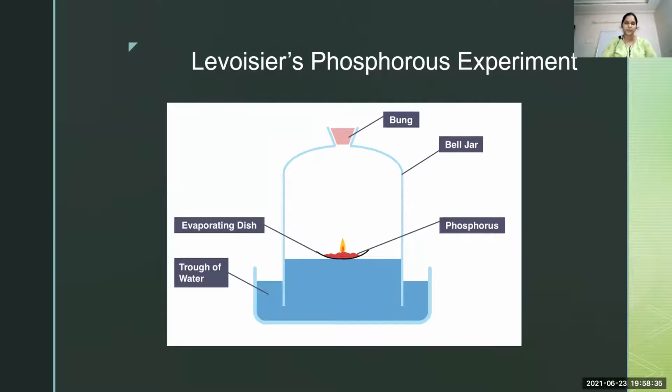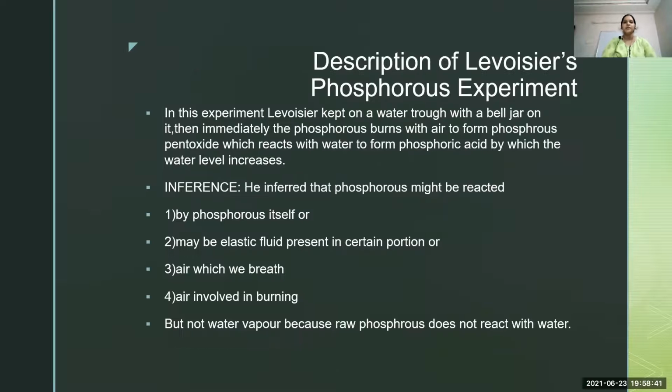Lavoisier's phosphorus experiment. The apparatus is shown like this. Coming to the description of Lavoisier's phosphorus experiment: Lavoisier kept a water trough with a bell jar on it. Then the phosphorus burns with air to form phosphorus pentoxide, which reacts with water to form phosphoric acid, by which the water level increases.